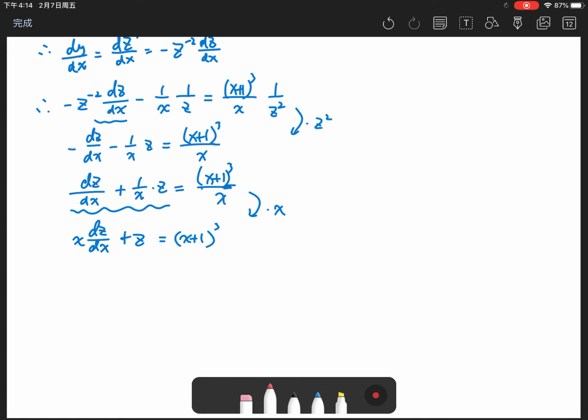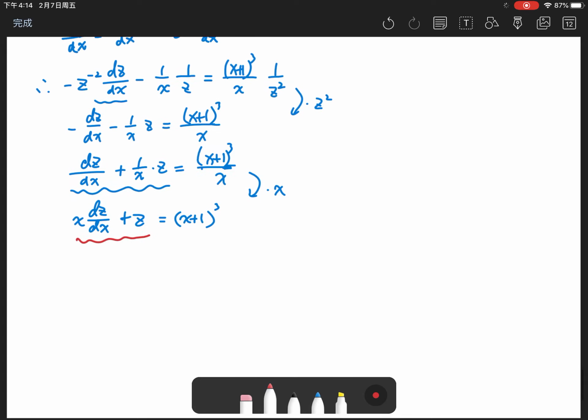You see now the left hand side can be written as the derivative of a product. The two functions are x and z, and it equals x plus 1 to the power of 3.